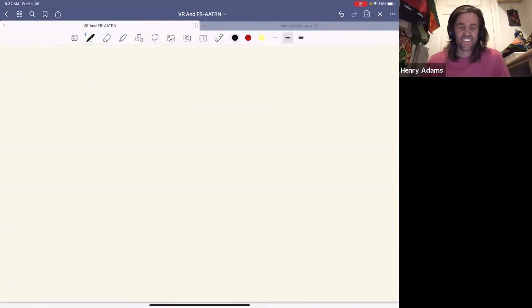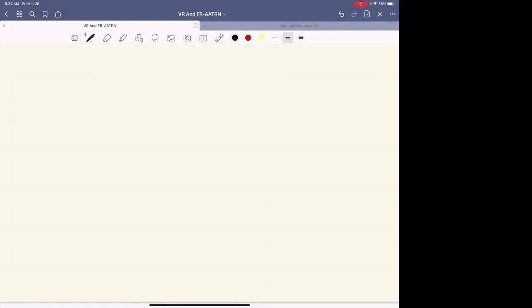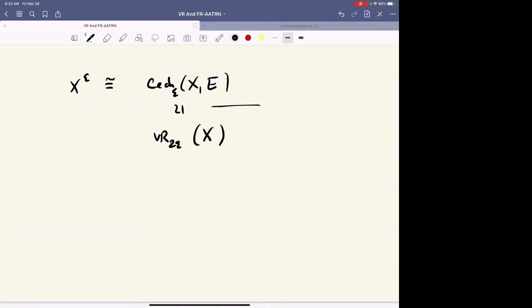All right. So there are two different things to be done. First of all, that X epsilon is isomorphic to the Čech complex of X inside the ambient space. And the second step is to prove that this is isomorphic to the Vietoris-Rips complex at 2 epsilon of X. This is when you use the injectivity of the ambient space.